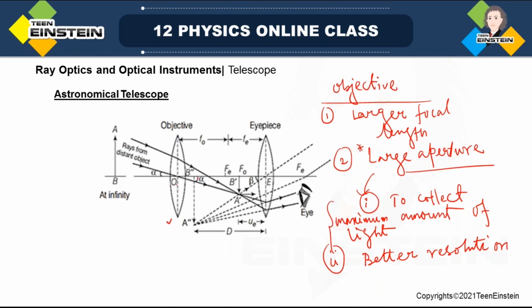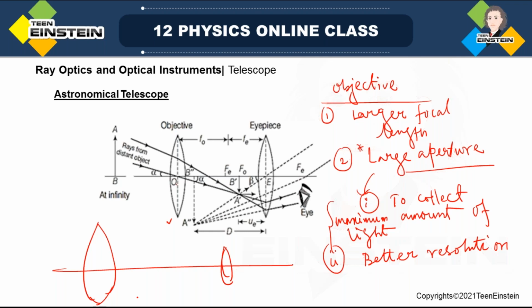Okay, so generally if I draw properly, this objective has to be drawn like this, big, having a big aperture, and the eyepiece has to be drawn like this, coaxially. The eyepiece will be smaller, but here in this figure both seem to be the same.